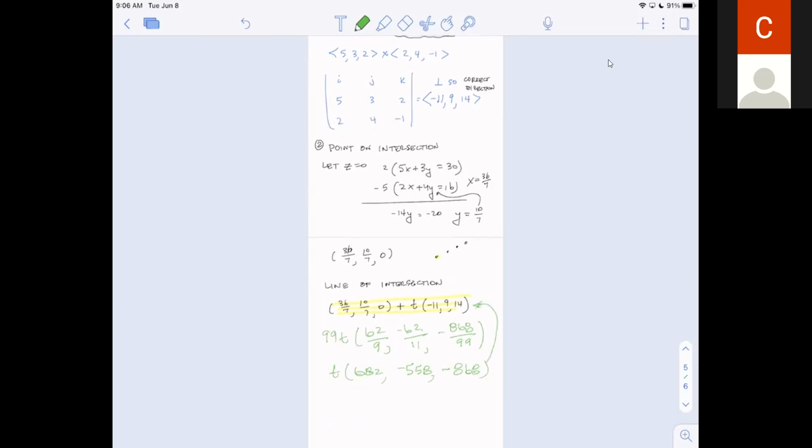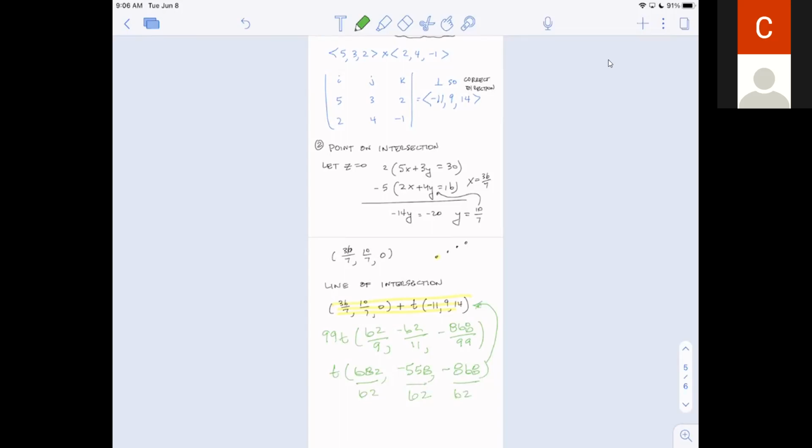Well, let's see. Is there something I could divide 682 by to get 11? Let's find out. 682 divided by 11 turns out to be 62. That's interesting. So if I divide this by 62 and I divide this by 62, that's what a scalar multiplier is. The question is, will I get all those same numbers that I had above?